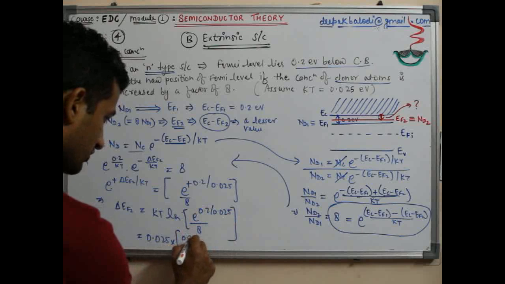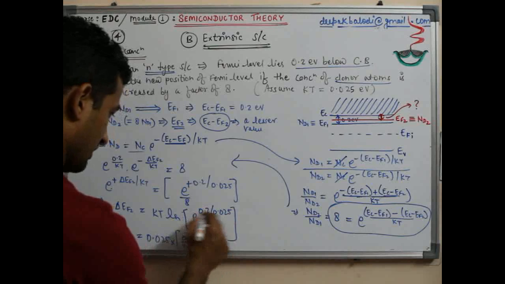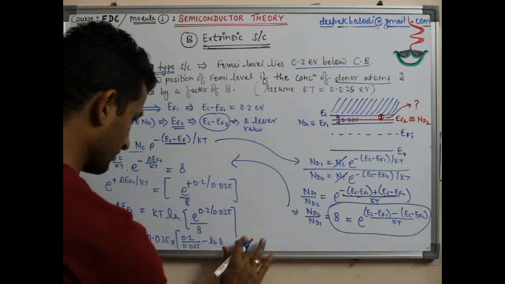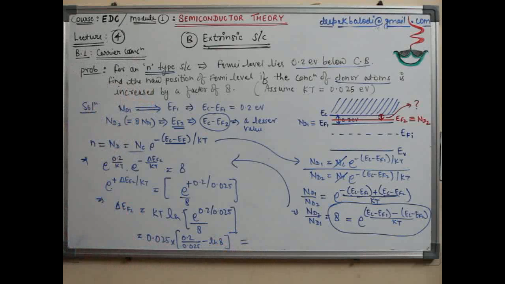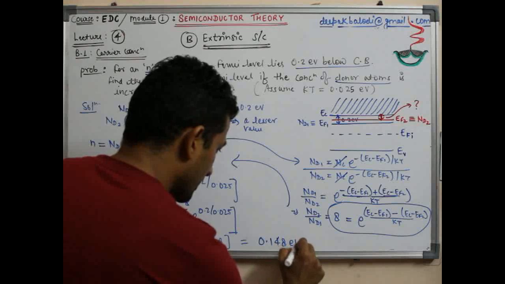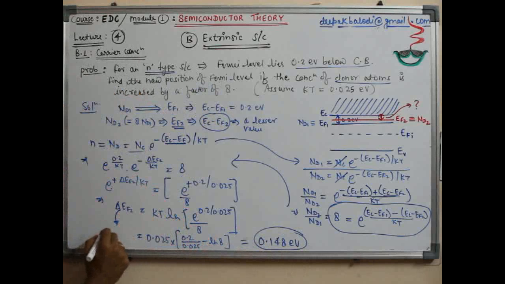This will be 0.2 upon 0.025 minus ln of 8. Once we calculate this value, this comes as 0.148 electron volts. So this is delta EF, meaning EC minus EF2.